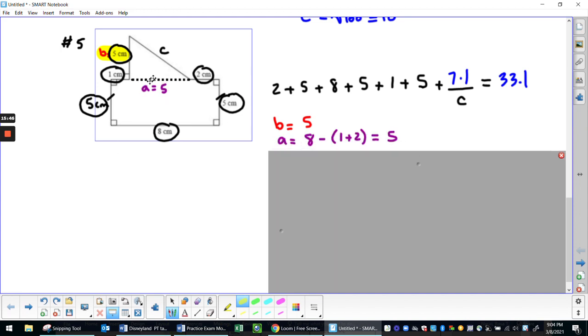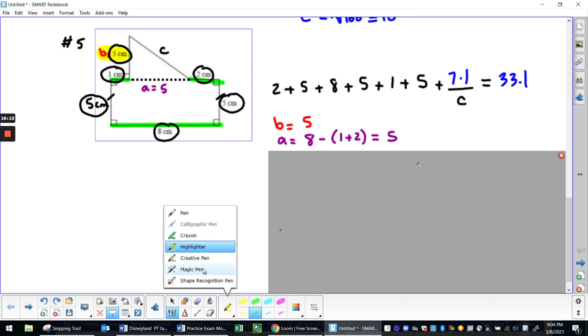Okay, to see what A is, you would look at this base here. This entire base is 8, right? So this base here is 8 right here. And then these two side lengths here need to get subtracted from the total. So this piece and this piece is 1 and 2, which is 1 plus 2, which is 3.